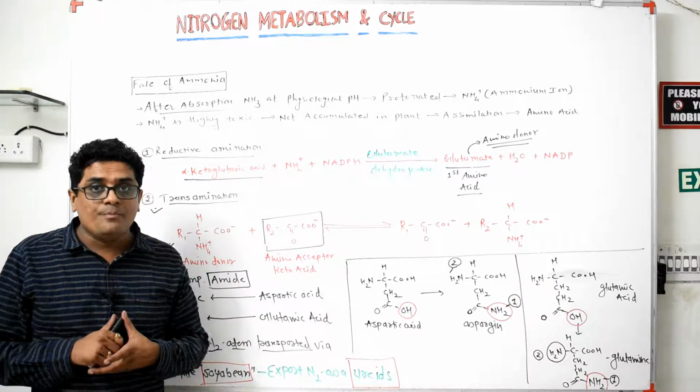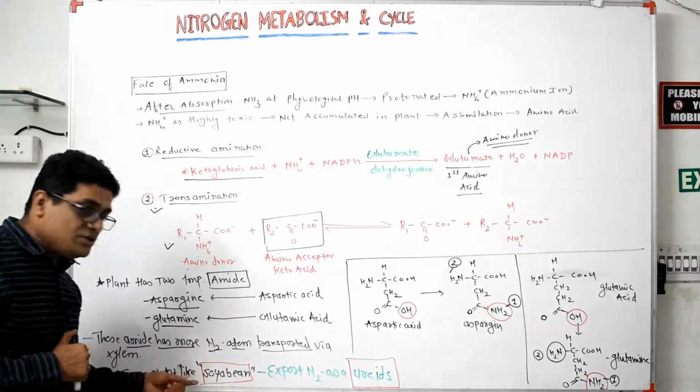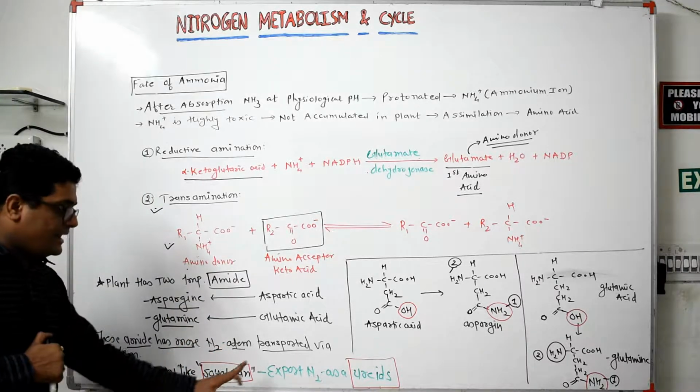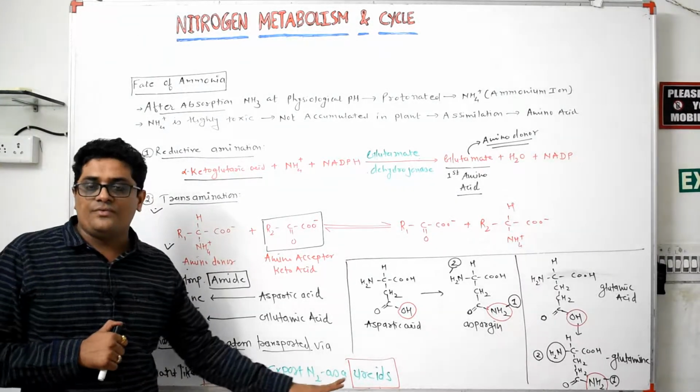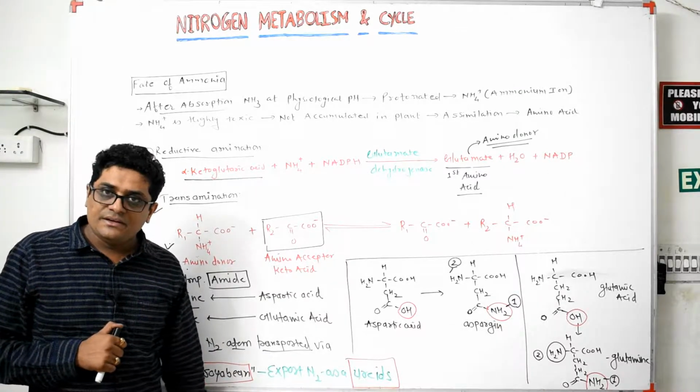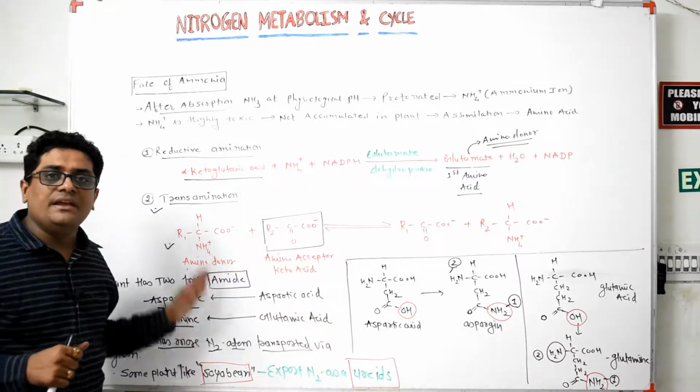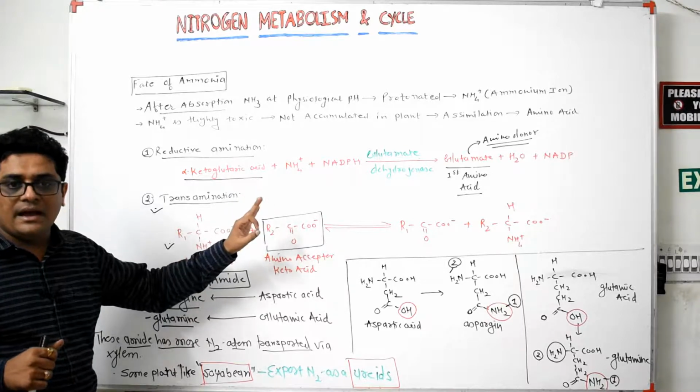In some legume plants, in the nodules, in soybean-like plants, the nitrogen is exported in the form of ureides. Clear? So this is all about the fate of ammonia.